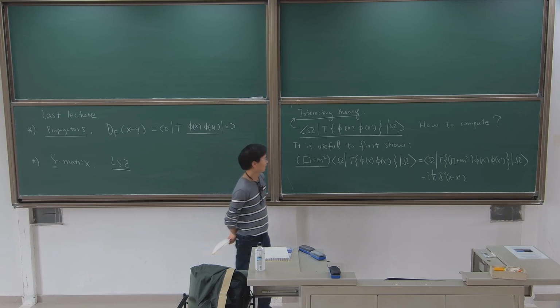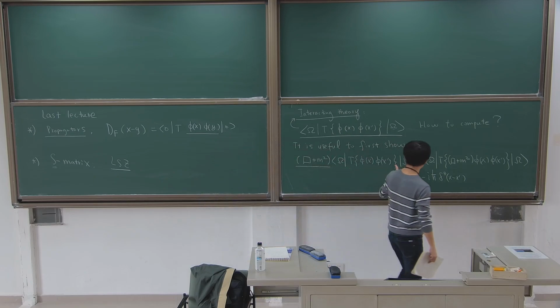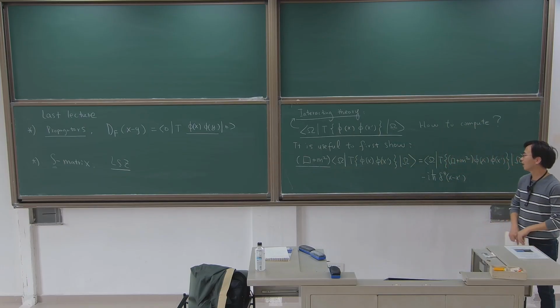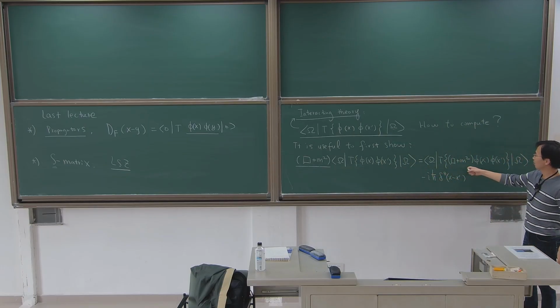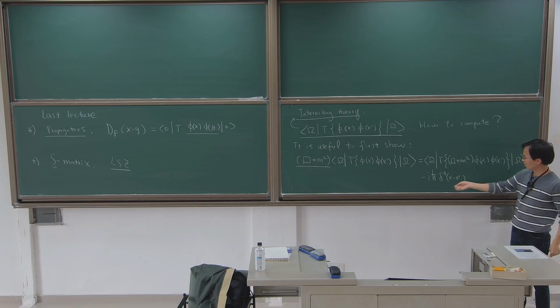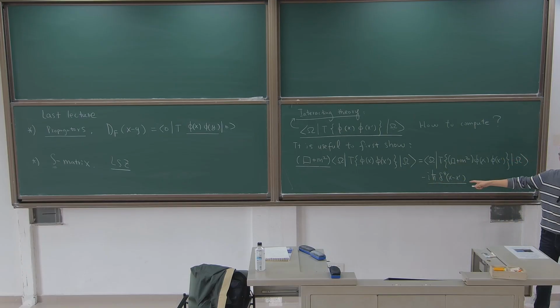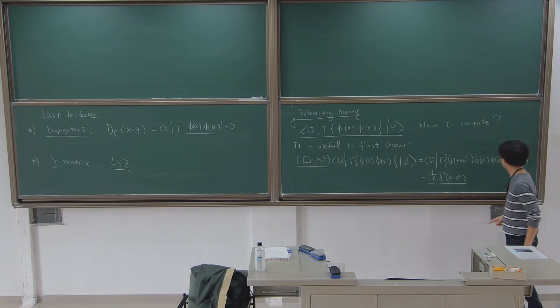Once you carefully take that issue into account, you realize it's not simply shifting in, but there is some remaining piece, which is a delta function. The delta function we know is important. There's a physical meaning for that, so you cannot simply ignore it.